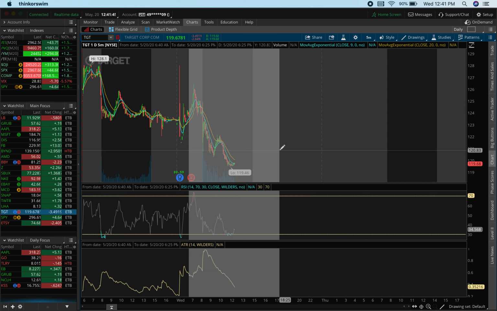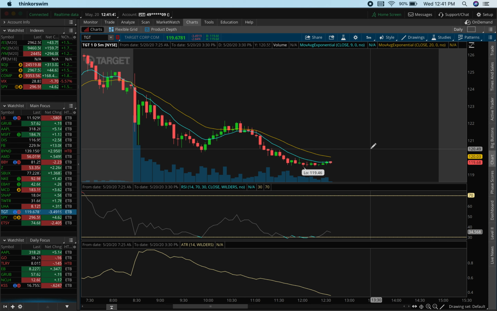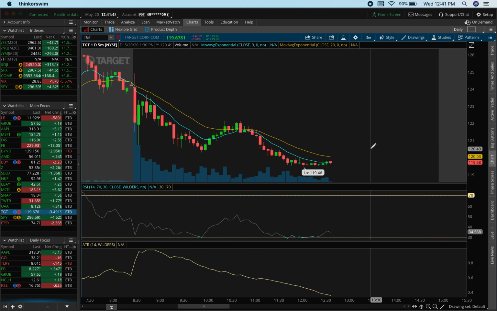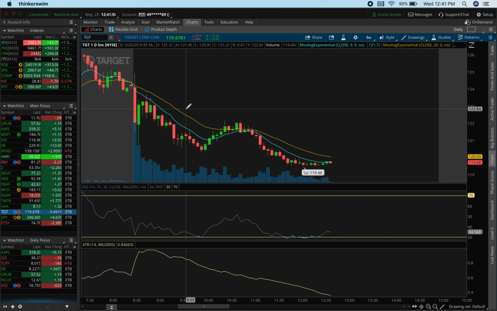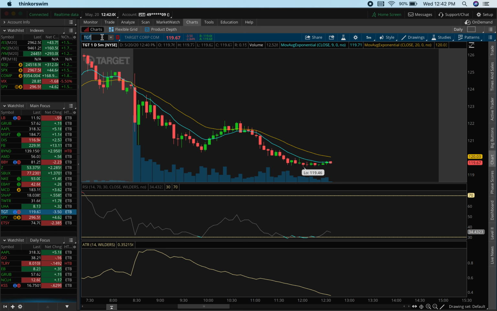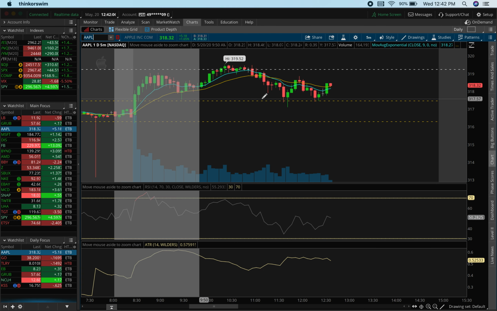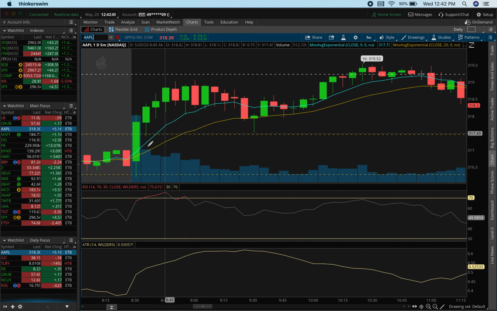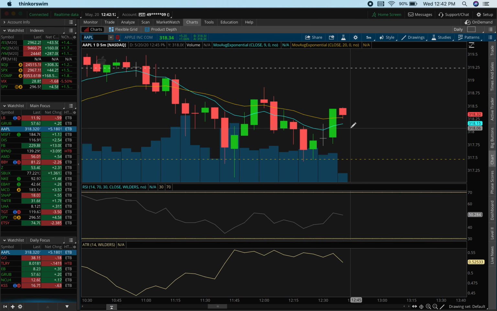Another indicator I like to use, but of course don't ever depend on indicators, is my EMA lines, which are a 9-day and a 20-day EMA line. I usually get in within the first 5, 10, maybe 15 minutes. And once I see the second candle go above, once it crosses, let me show you right here.